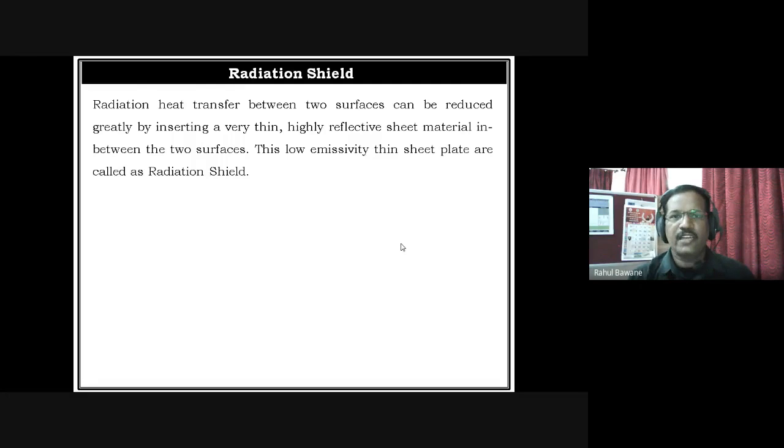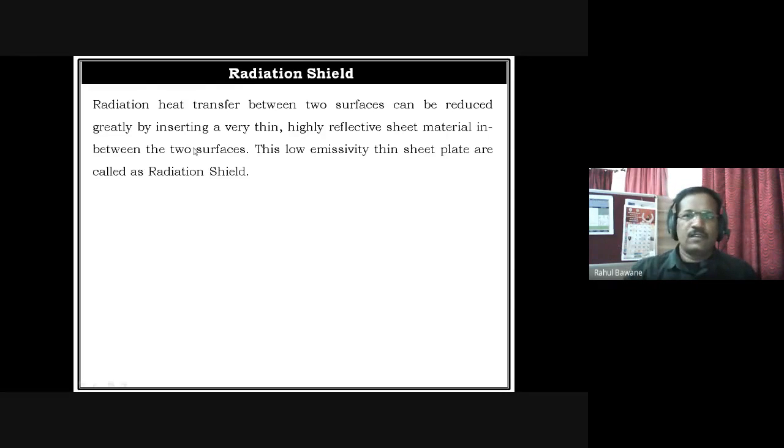A radiation shield is a surface which is introduced in between two surfaces where the heat transfer takes place by radiation. Suppose there are two surfaces with radiation between them, and we are inserting a third surface in between, and that third surface has a property to reduce the radiation, then we can say that third intermediate surface is a radiation shield.